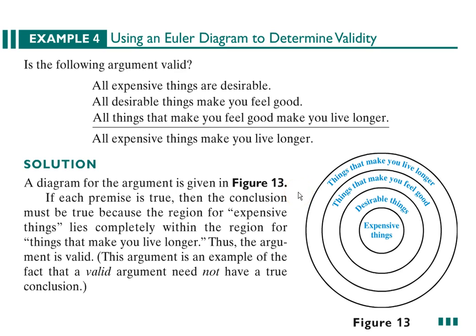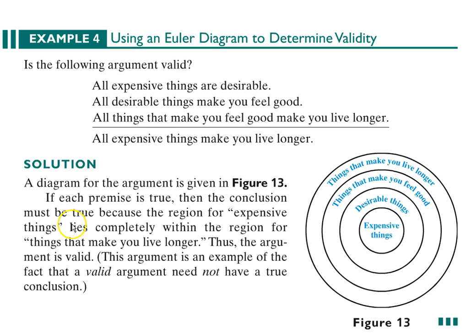Now, so the universal big circle, things that make you live longer, things that make you feel better, according to this argument, desirable things, expensive things. Now, each premise, as they're stating here, is true.